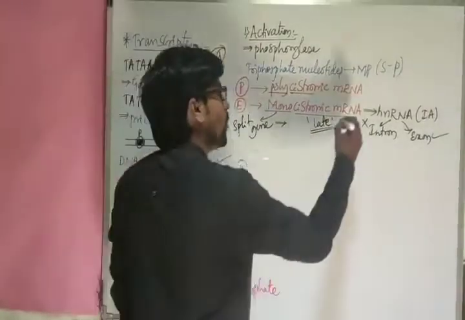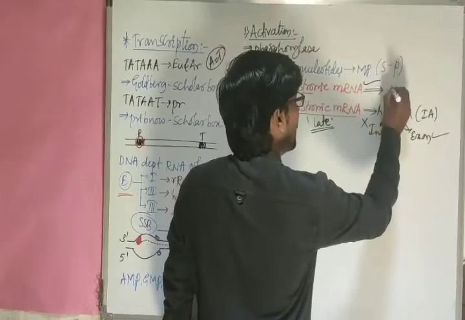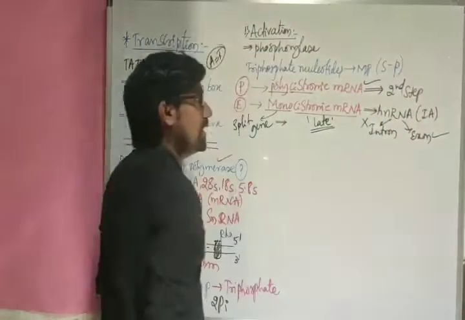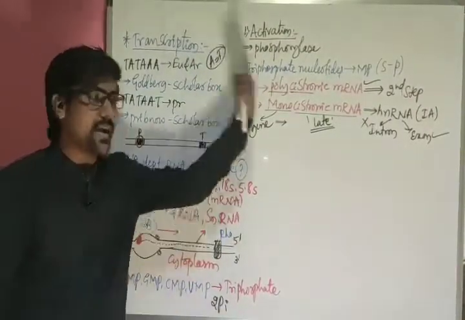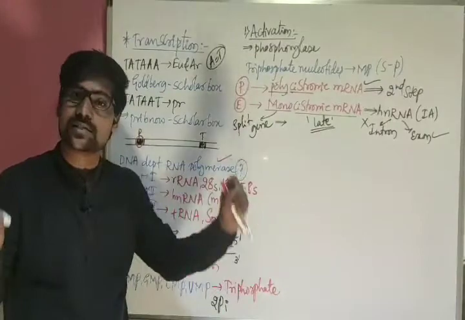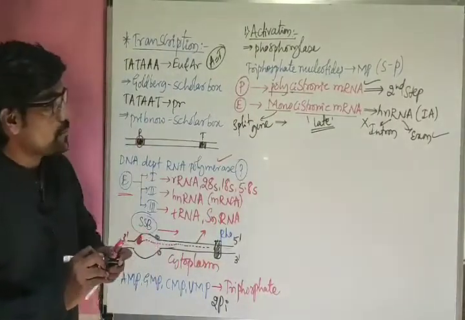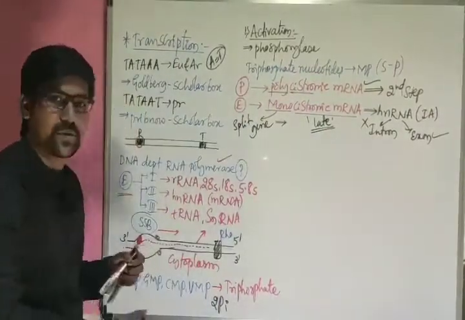But in the case of polycistronic mRNA, as soon as it is produced, it undergoes the next step, translation. That means in polycistronic mRNA, transcription and translation occur together simultaneously. But here it takes time, right? And we just saw this term, split gene.